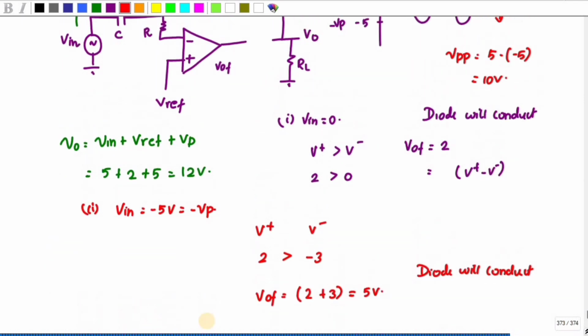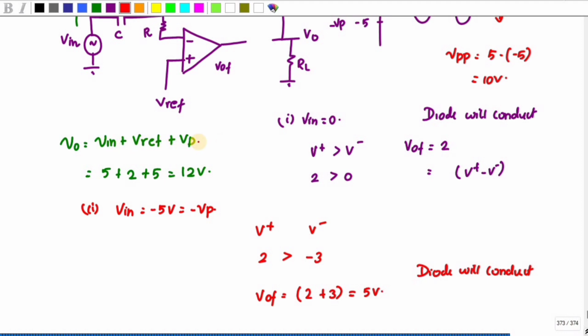In the first and second conditions, only my capacitance is charged: when V in is equal to 0, it charges my capacitance, and V in equal to minus 5 volt also charges my capacitance. Only during the third condition, the positive half cycle, V0 is equal to V in plus V reference plus VP, and you are getting the output.